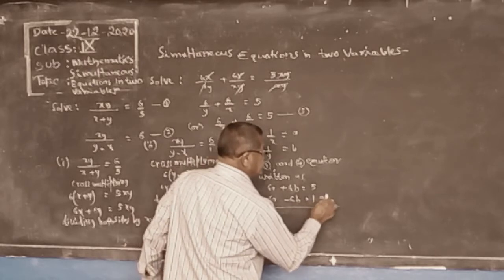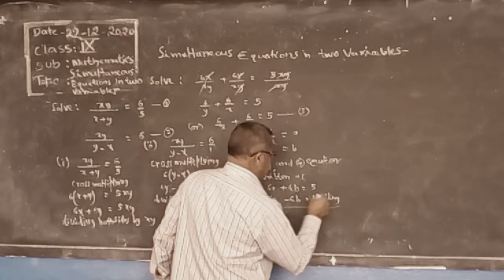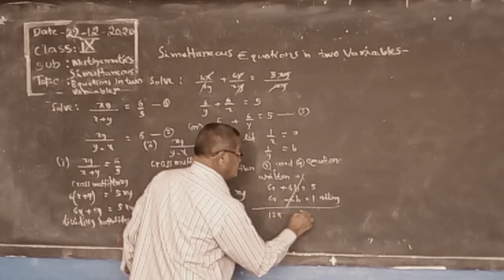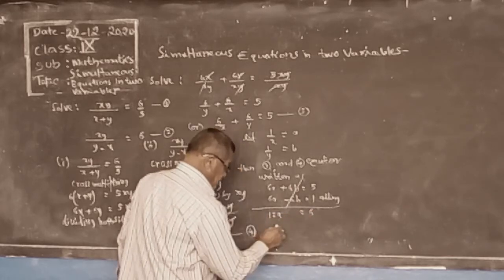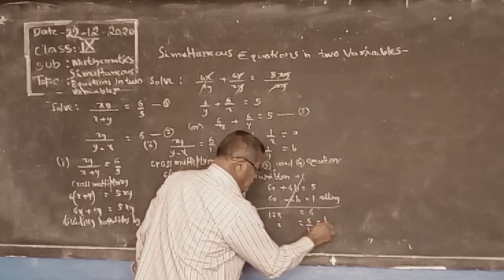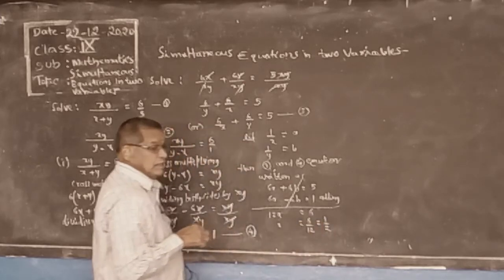Adding, the b terms cancel. 12a is equal to 6. a is equal to 6 by 12, that is 1 by 2.